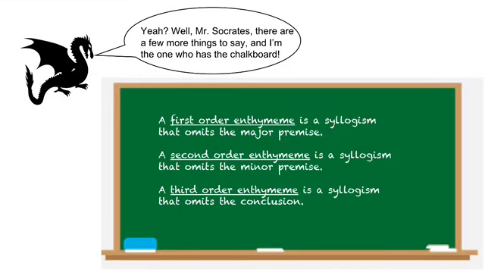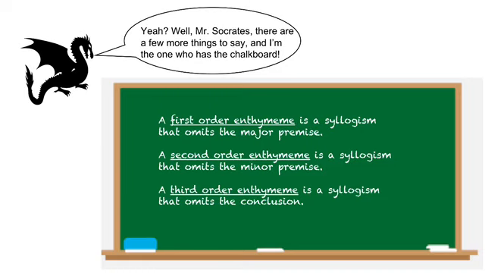And here comes Logic Dragon, of course. He says, yeah, well, Mr. Socrates, there are a few more things to say, and I'm the one who has the chalkboard. So again, we've got a few more definitions here. What we call a first-order enthymeme is a syllogism that omits the major premise. If you think about it, that's the first premise in a syllogism, so first-order enthymeme.